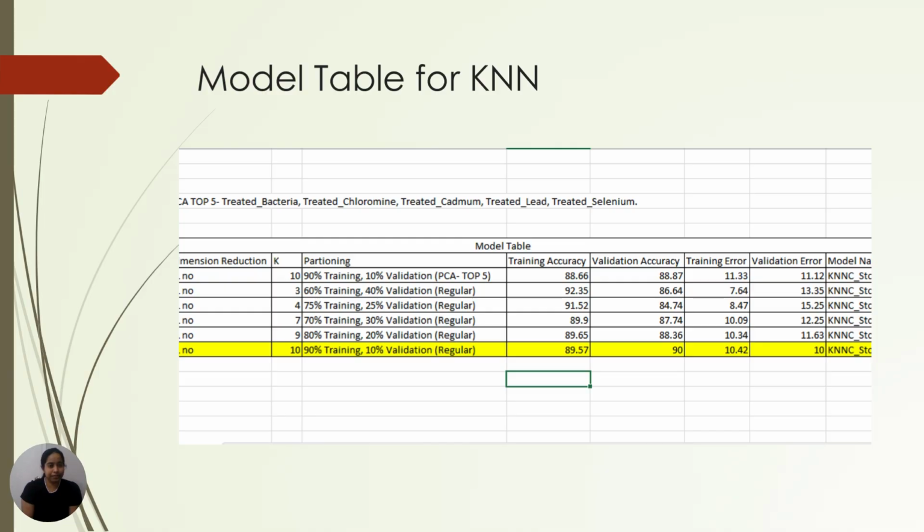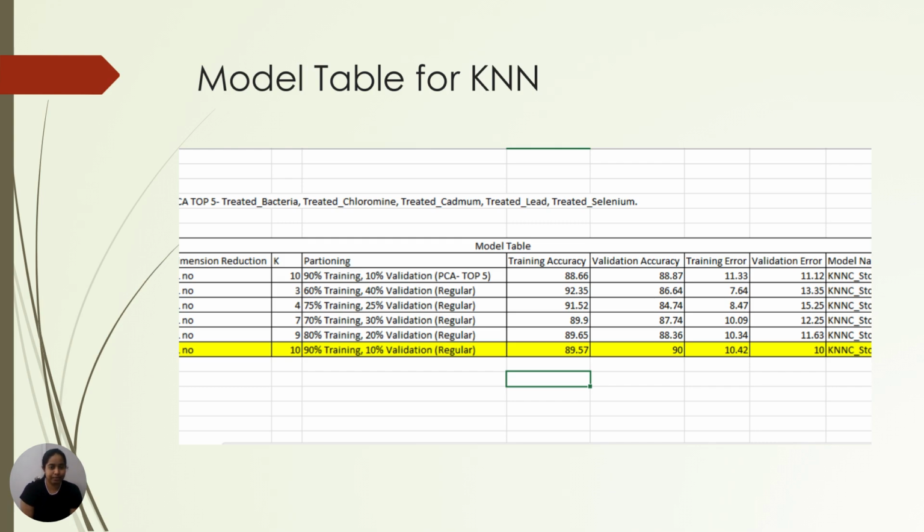Here I've chosen different KNN values. For the PCA model I've used the maximum K value, which is 10, and I got an accuracy of 88.87, which is good. Anything above around 70% accuracy is high for data mining. With the PCA we got 88.87, and the rest of the models got only about 80.